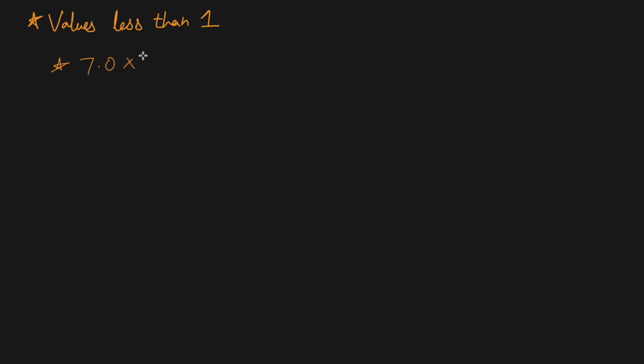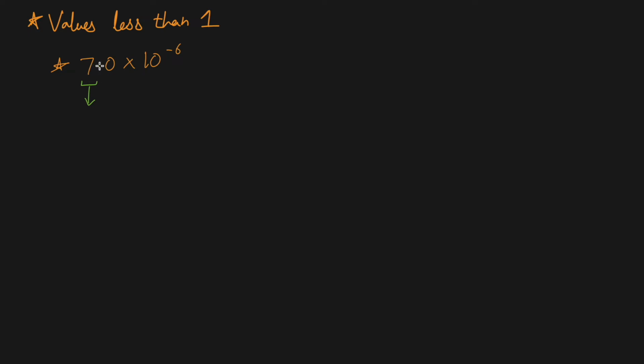We have 7.0, mind you, times 10's power minus 6. So how do we deal with this? This is a simple example, like the very first example. For values greater than 1, 7 will be written as it is, and the 0 we already know: no matter how many zeros are after the decimal point, if there are only zeros, we will neglect them all.